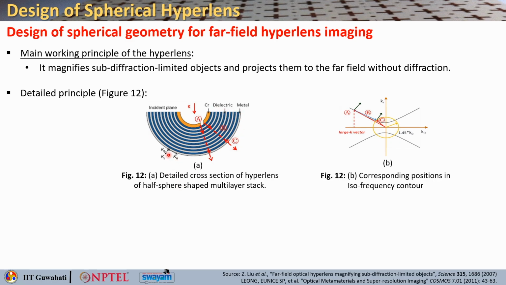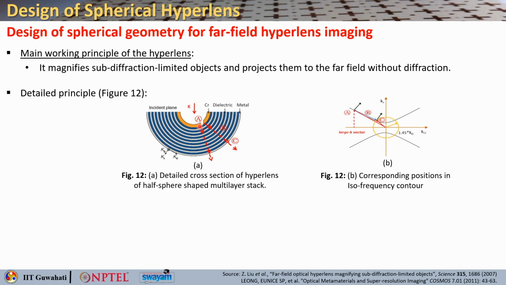Here you can see carefully, it marks your k theta, this is k r, and k phi is going into the screen. So, this particular figure tells you that you have a sub-wavelength image that is curved on this chromium layer, and then you have this metal-dielectric oxide multilayer hyperlens.